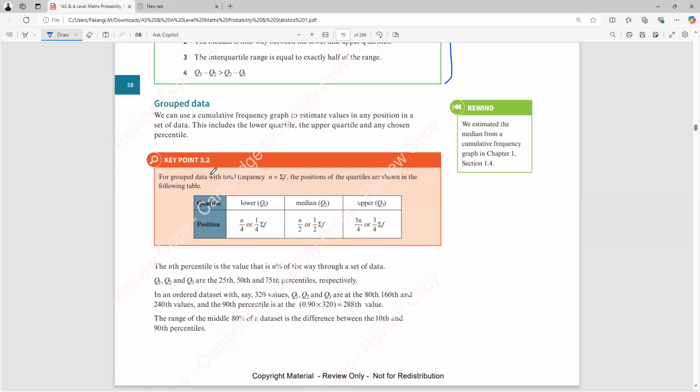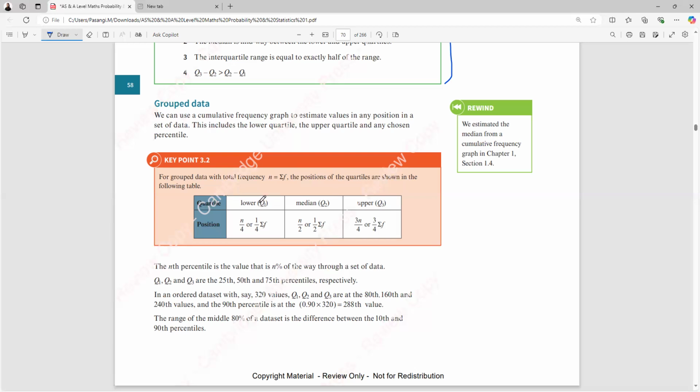So the key points are for group data with total frequency, what will happen if n is equal to the total frequencies? N normally means the number of elements. That means actually the sigma, the summation of all frequencies. So the positions of the quartiles are shown in the following table.